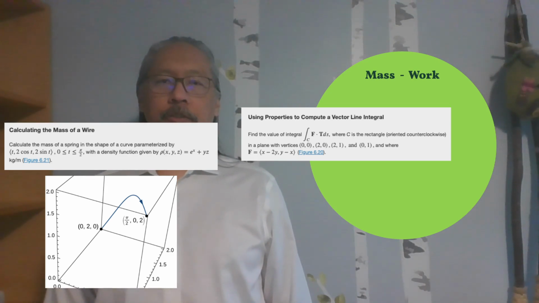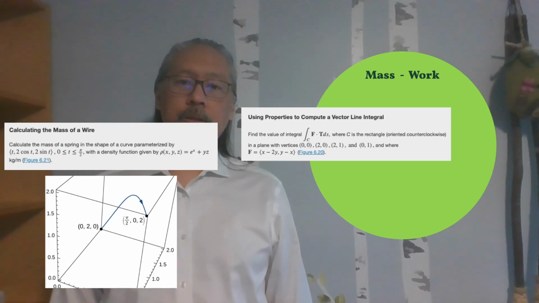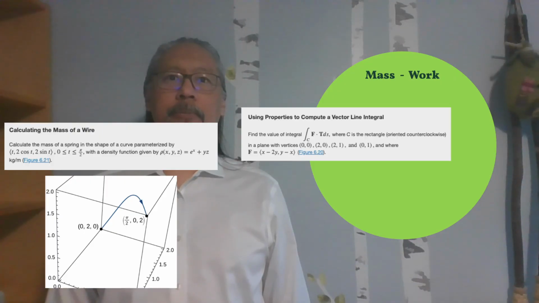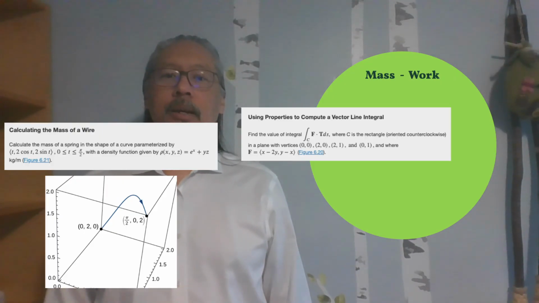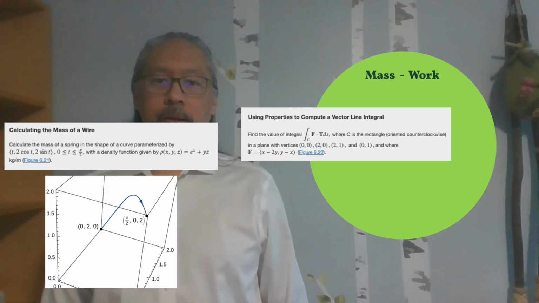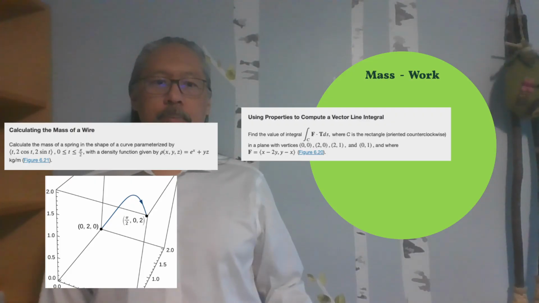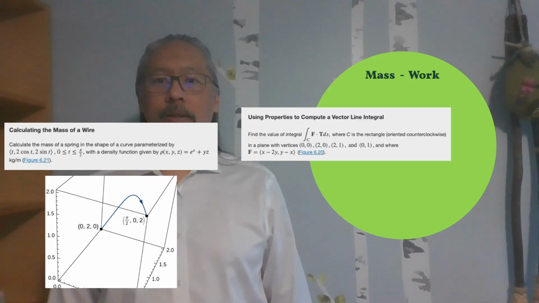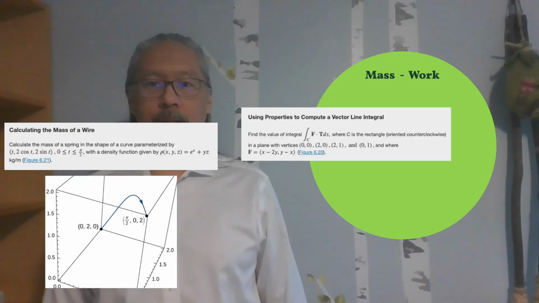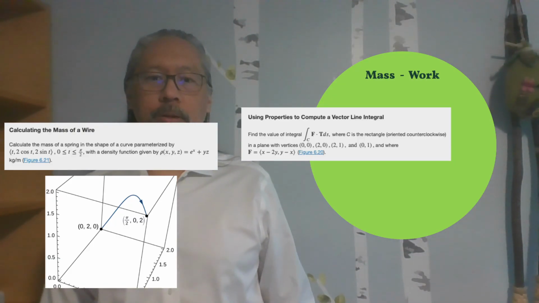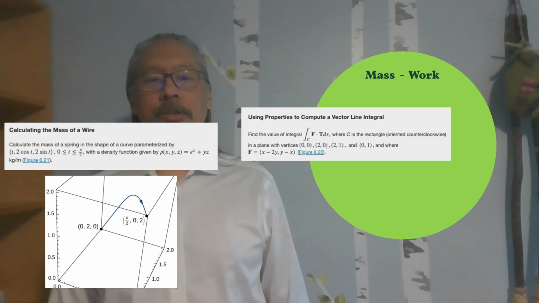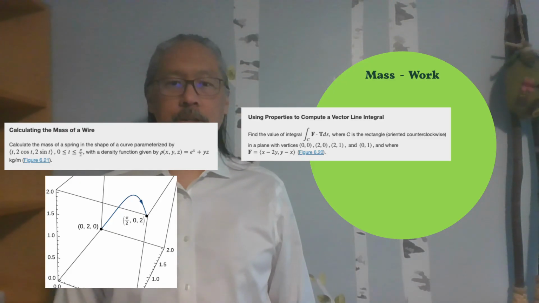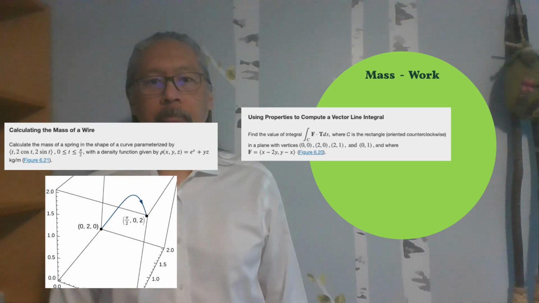If the scalar function describes something like a density, and the wire is given as a particular curve that we can parameterize, then we can find the total mass of the curve by doing the density times the length, and doing that in pieces will turn it into an integral, the line integral over a scalar function.